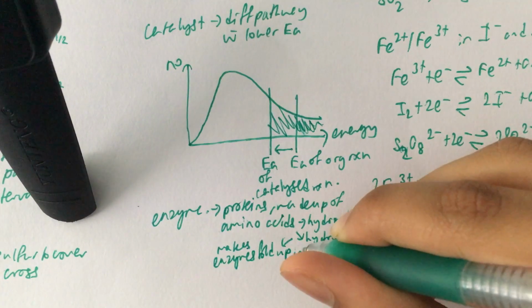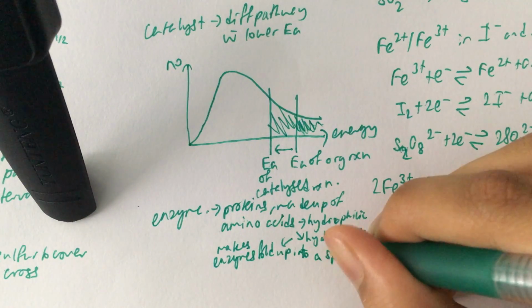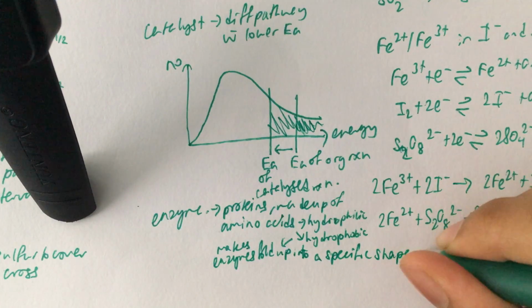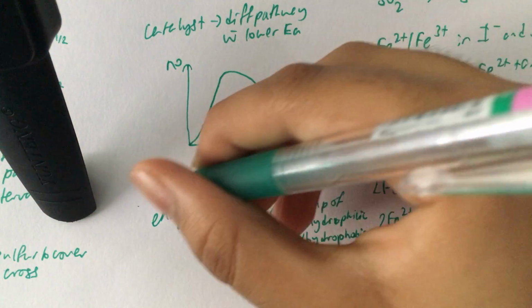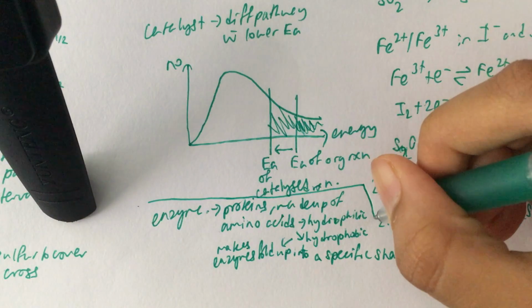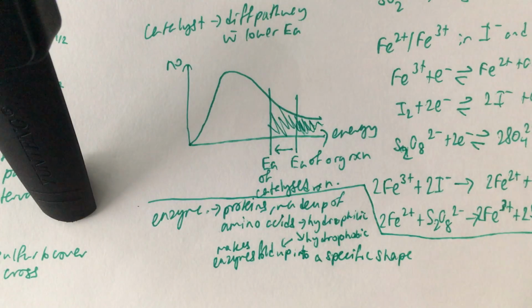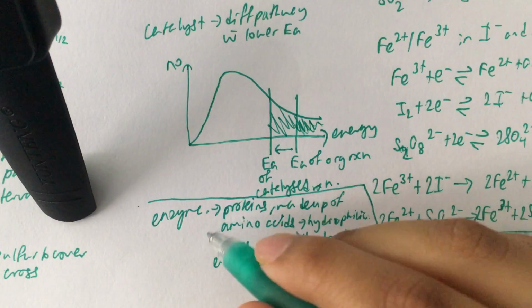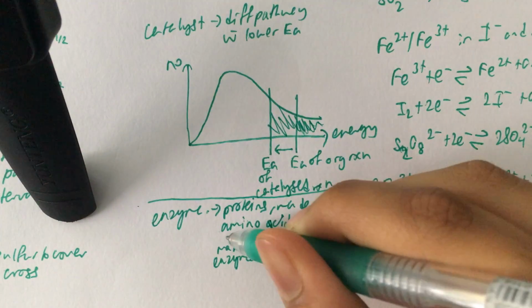Enzymes have a particular configuration. The way that the molecules are bonded will form a shape, because in a protein chain there'll be some units that are hydrophobic and some that are hydrophilic. These units are peptides, wait, no, amino acids.